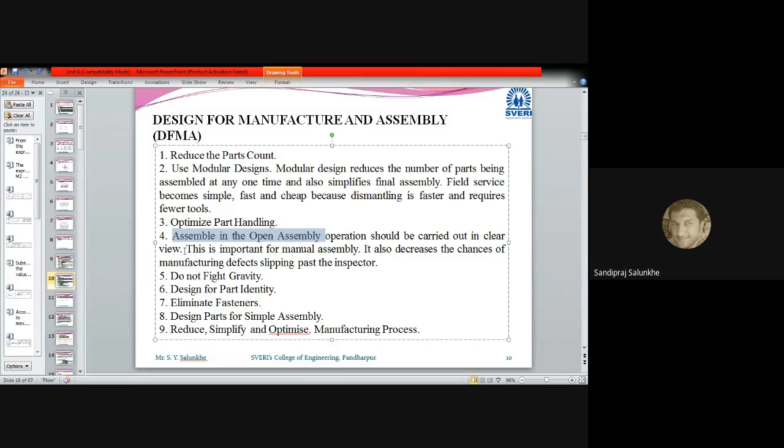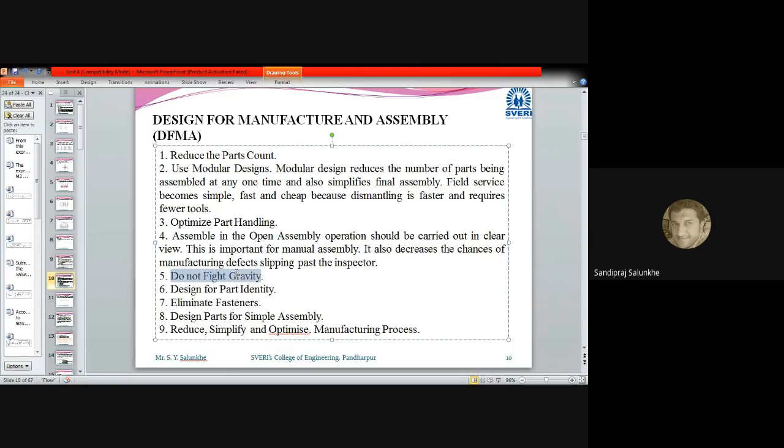But if you take the same example, when we are going to paint that component, the painting is done in a closed compartment. That is an operation which we cannot actually avoid. But as far as possible, when we are doing assembly, it should be in open space.